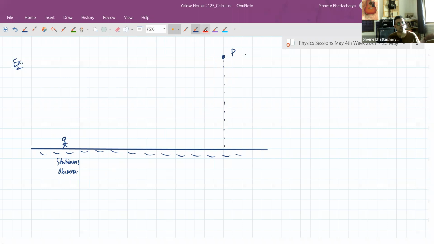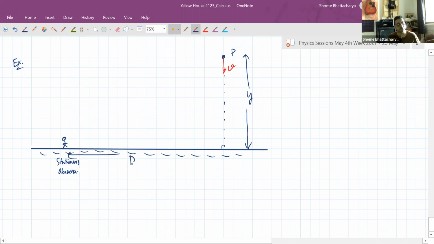So at the given instant, it has a downward velocity of v, and this distance is, let us say, y. So y is changing with time, whereas this is a stationary observer, so this distance is fixed with respect to time, and that is capital D.